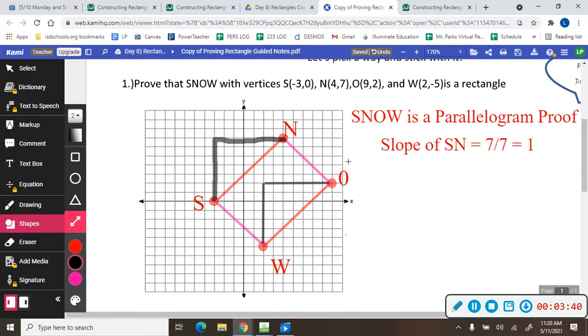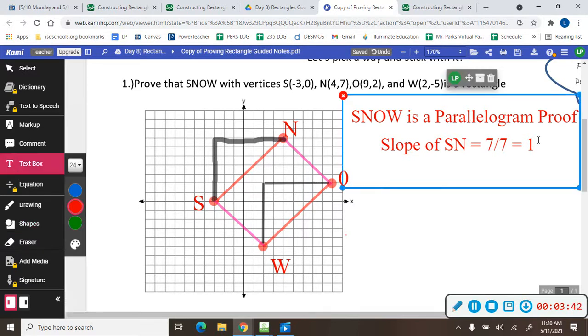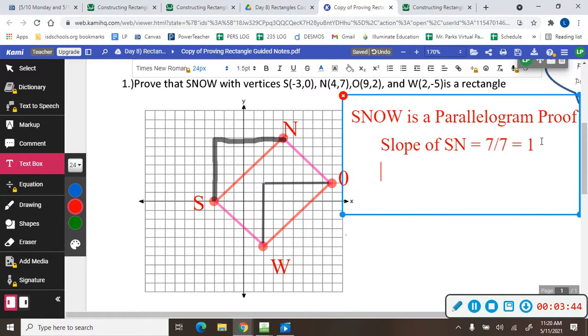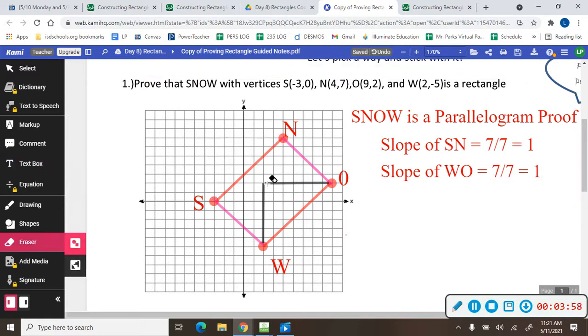So the slope of WO is also 7 over 7 equals 1. Those are the same. So I've found that these slopes are the same. Now that's this red. Now I need to show that these slopes are the same from S to W.